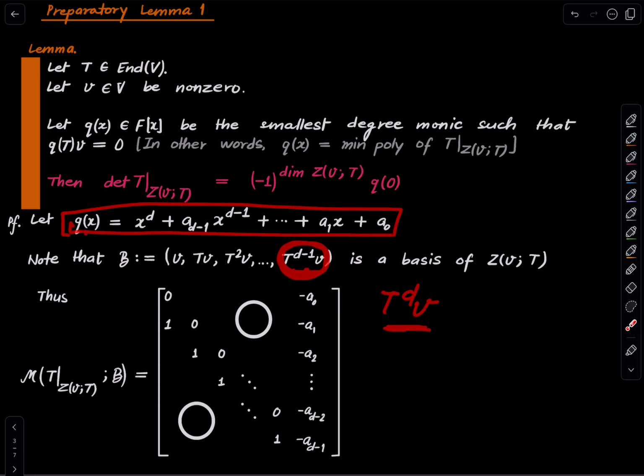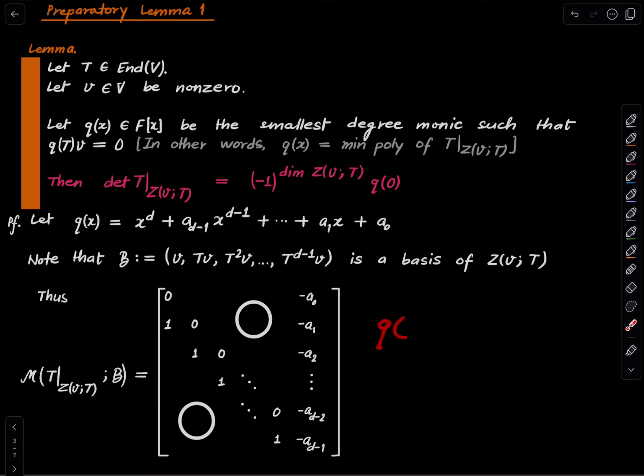Qt of v is 0. So Qt of v is 0 gives that T to the d v plus a_{d-1} T to the d minus 1 v plus dot dot dot is 0. So just use this expression. Let me maybe write that down so that it is completely clear.